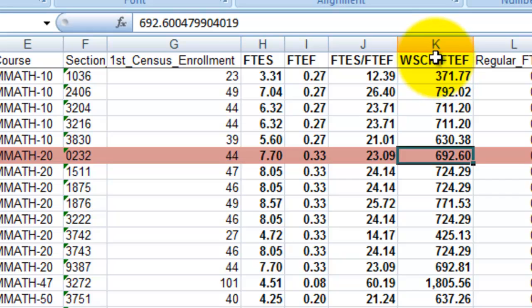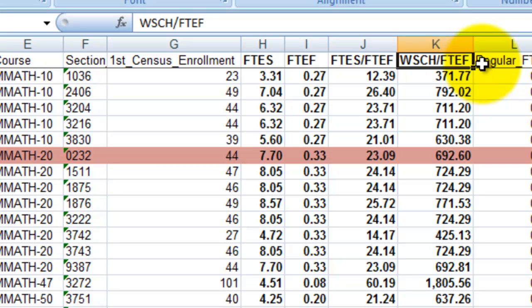Okay, there's the FTES per FTEF. To calculate the weekly student contact hours per FTEF, this is a scaled measure that allows MJC to compare apples to apples with other colleges across the state that calculate their weekly student contact hours on a traditional semester. Because we're on a compressed semester, we have to do a little manipulation that I'll show you on another video.